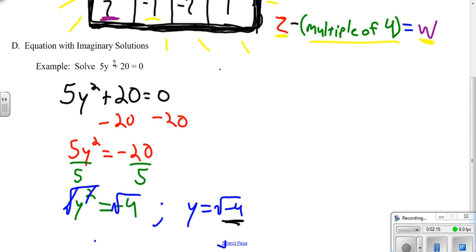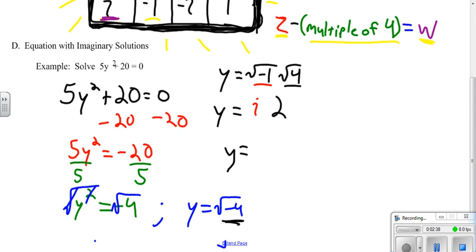We say y equals the square root of -1 times the square root of 4. And we know from Renee that the square root of -1 is i, and the square root of 4 is 2. So we'd say y equals i2. But remember, when we write this in good grammar, our real friends come first, our imaginary friends come later. So y equals 2i in that case.